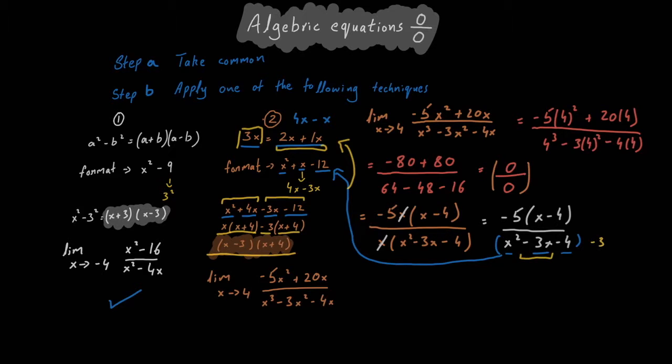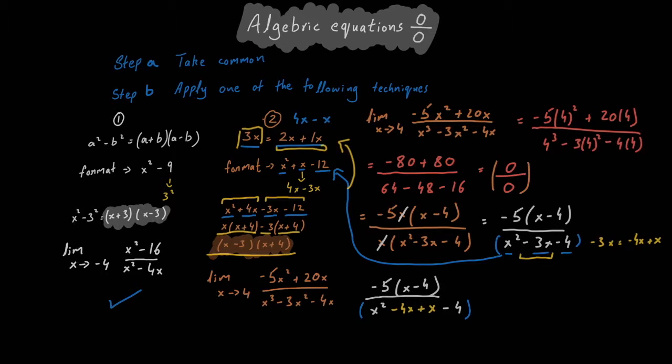Now negative 3x can also be written as negative 4x plus x. So our expression would become negative 5 times x minus 4 divided by x squared minus 4x plus x minus 4.